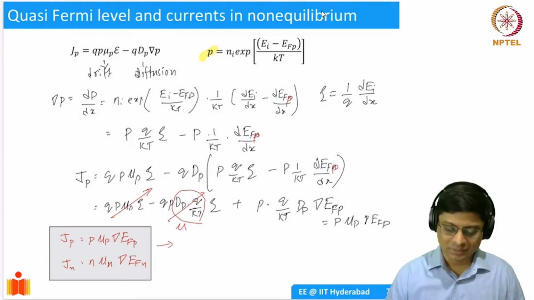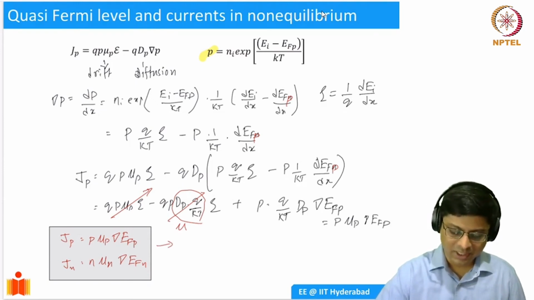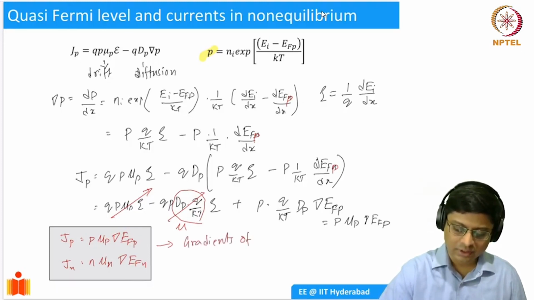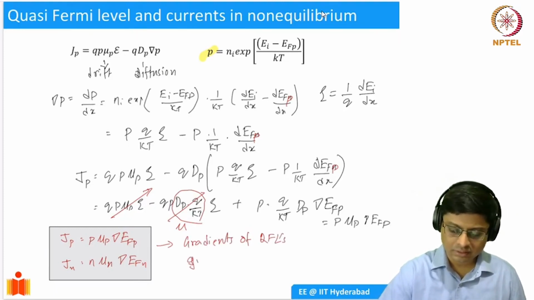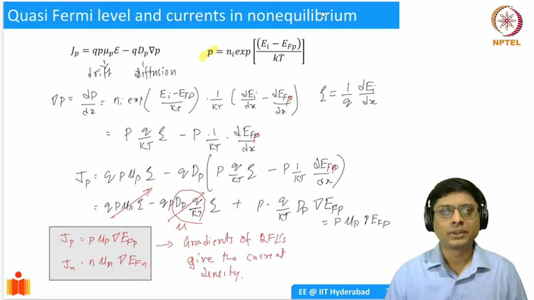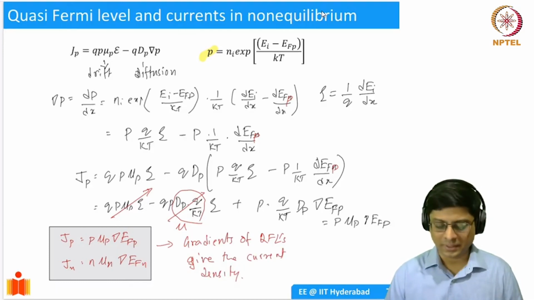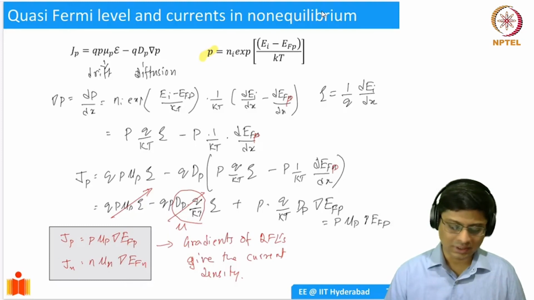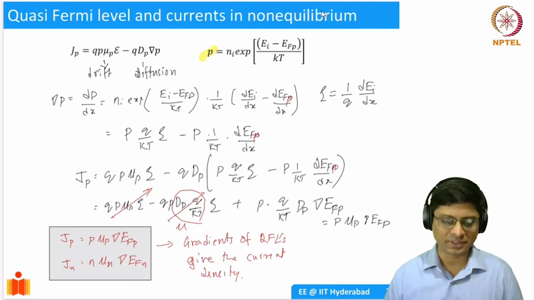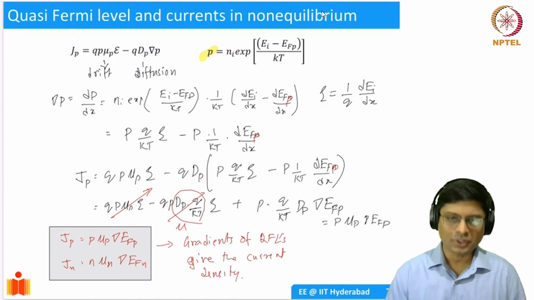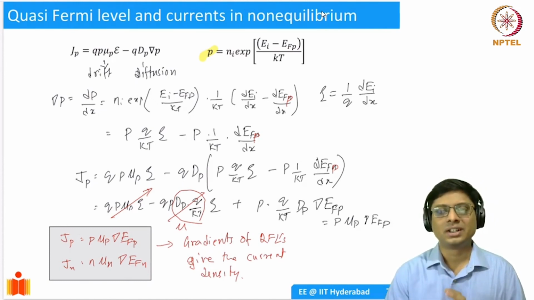So simply we can make our life easy by showing the currents as gradients of QFLs, which give the current density. That's it. So that's why quasi Fermi levels are very useful. They have multiple applications and we will use them in the subsequent lectures. All right. So this essentially finishes the basic fundamentals that I want to cover.